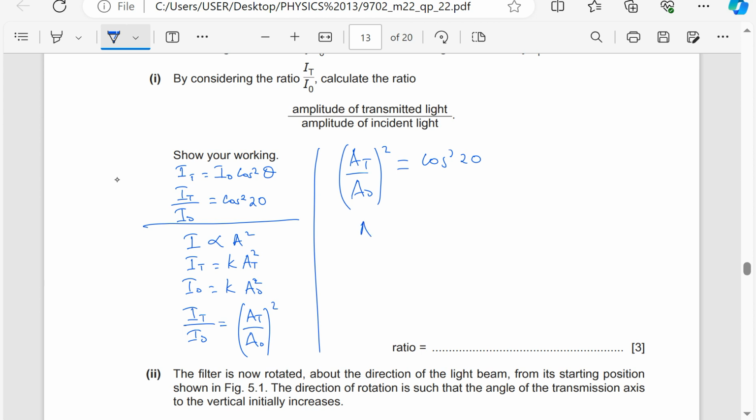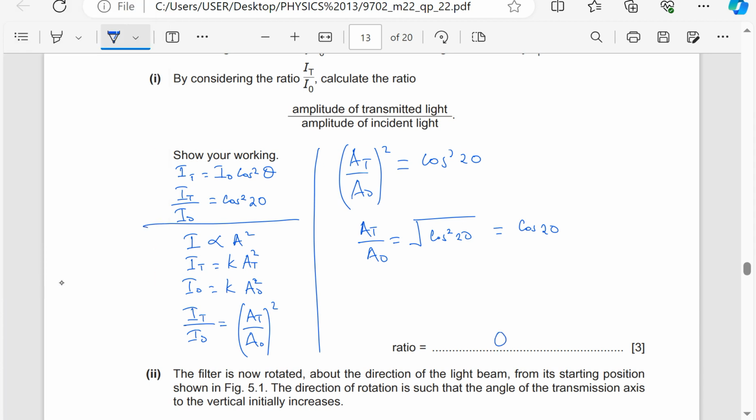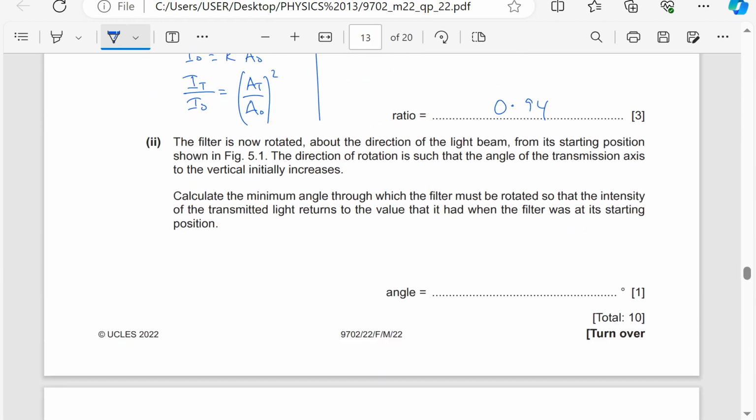The ratio in amplitude transmitted over incident is going to be the square root of cos squared of 20, which is the same as just cos of 20. So I'm getting cos of 20, which is 0.94. That is the ratio.